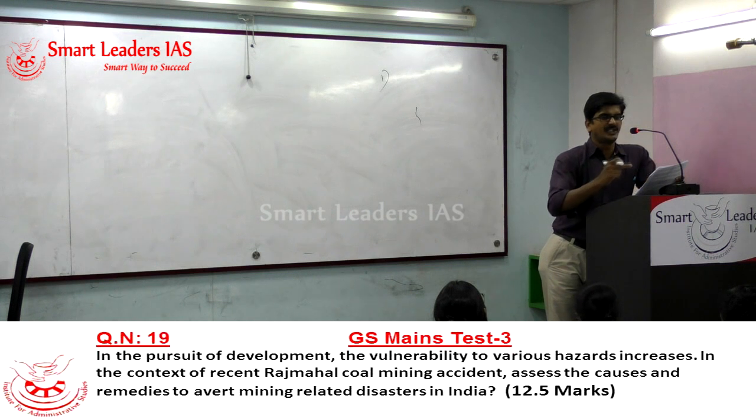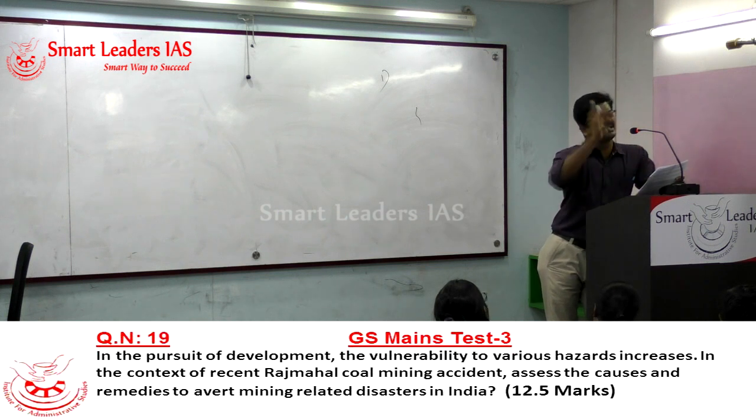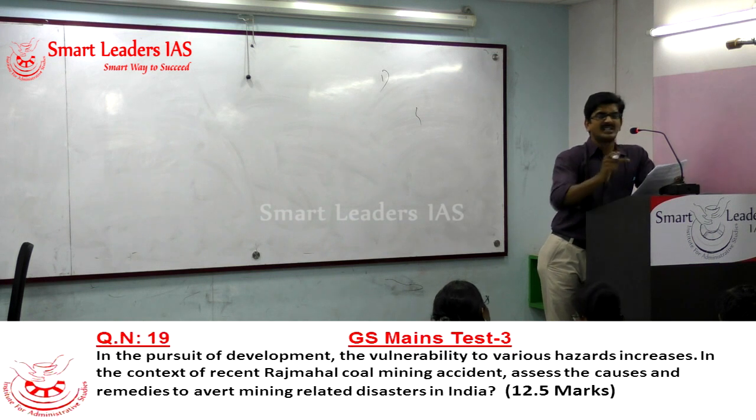So wherever there is a huge loss of life, let's not worry about what the definition of disaster means. If there is a huge loss of lives and property, consider it a disaster. And when it occurs again and again, it says that there is poor planning in place.